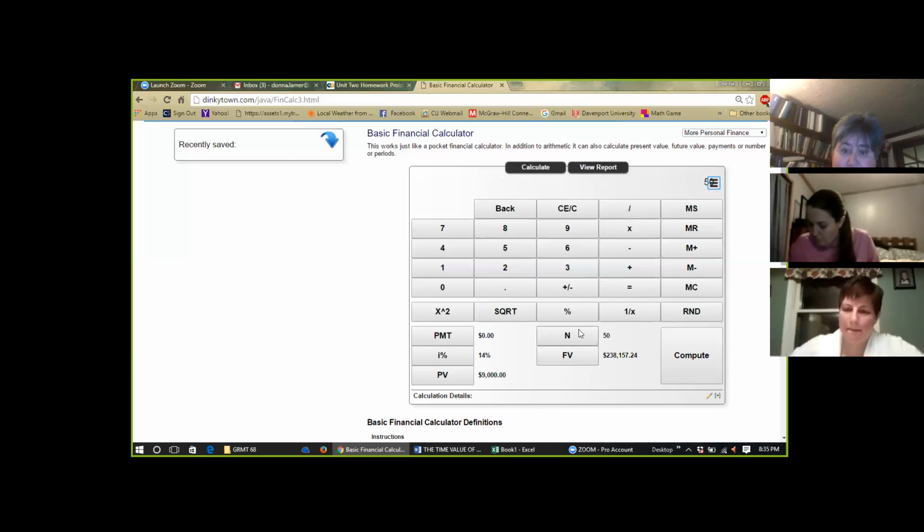But if the N's going to represent the number of half-year periods, then the interest rate has to represent the amount of interest they will earn in that half a year. So that needs to change to 7%. Make sense? You got to cut the interest rate down.